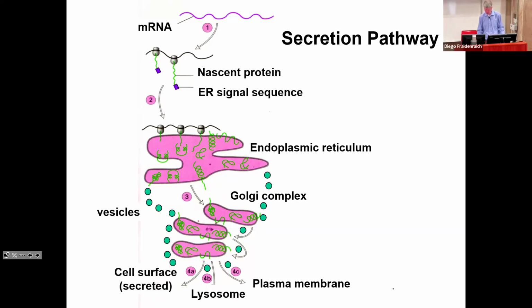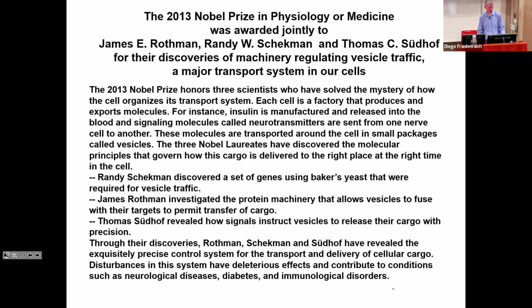Okay, so this is a scheme. This is just to highlight, this is very basic knowledge, so you don't need to study this, but it highlights that, for example, James Rothman, Randy Schekman, and Thomas Südhof provided the basic steps to explain the secretion pathway.